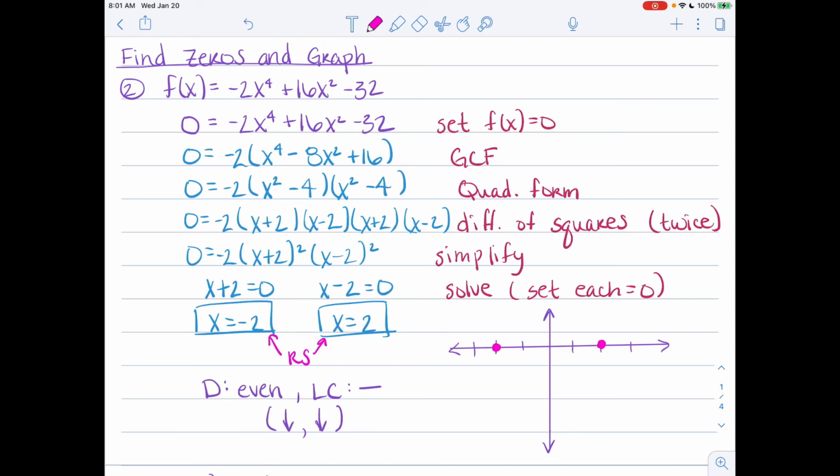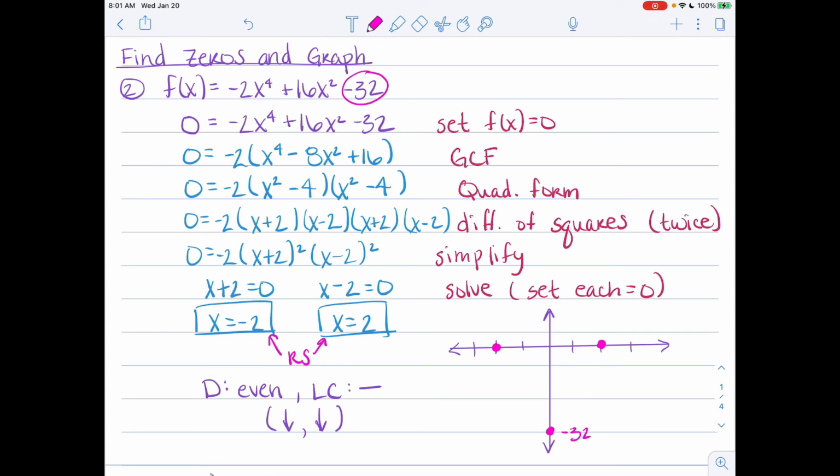I also know one more bit of information. The negative 32 right here, remember that that is always going to tell us what our y-intercept is. Now this is not going to be to scale, but I'm going to go ahead and put a point down here and say that that is negative 32.